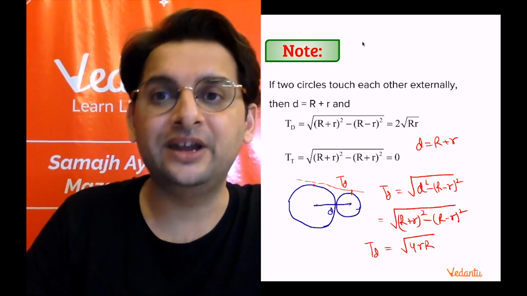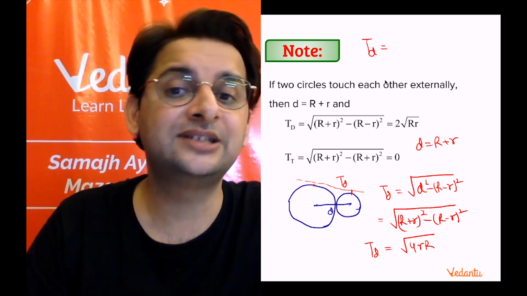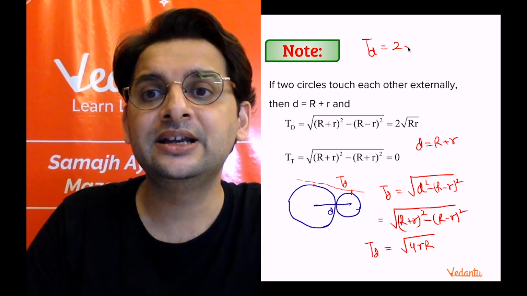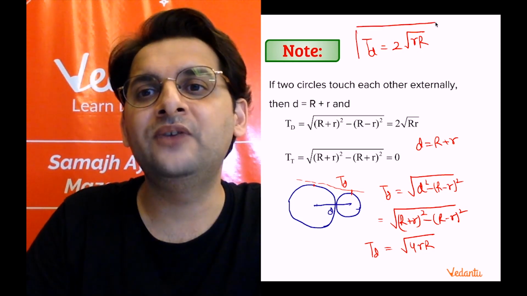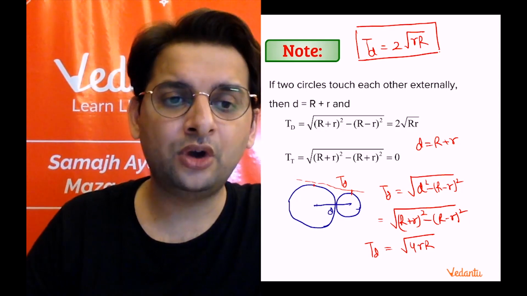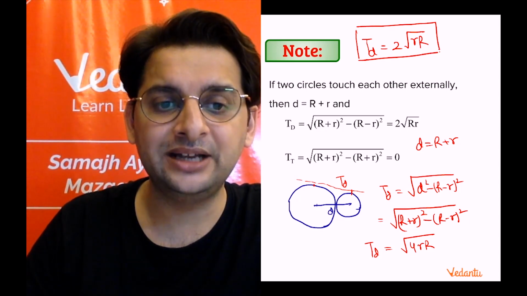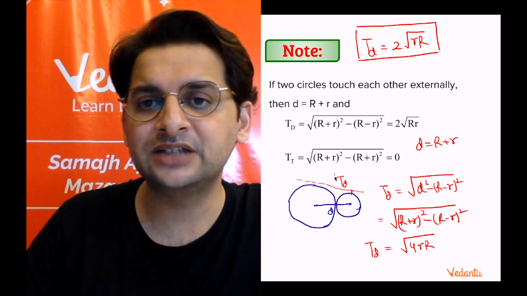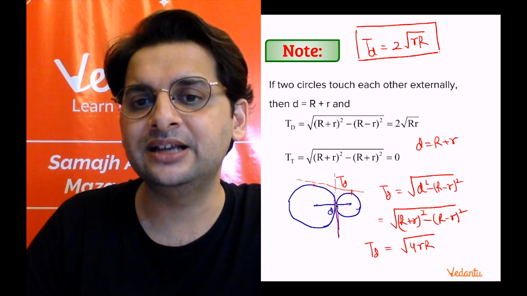So this is very important. The length of the direct common tangent in the case when two circles touch each other externally is 2 root of radius 1 into radius 2. Very important. And if we talk about the transverse common tangent in this very case, we can clearly see that the length is 0.